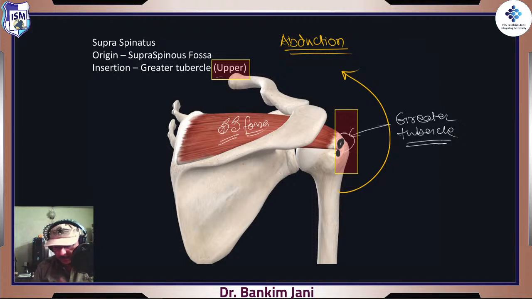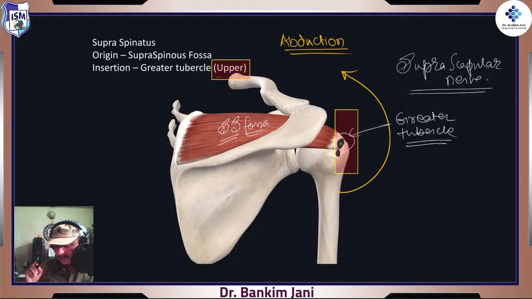Now, there is one more point which we need to remember. This will immediately start integrating the nerves and the muscles. Who will supply the supraspinatus muscle? The supraspinatus muscle is supplied by the suprascapular nerve. Now, where is this suprascapular nerve?